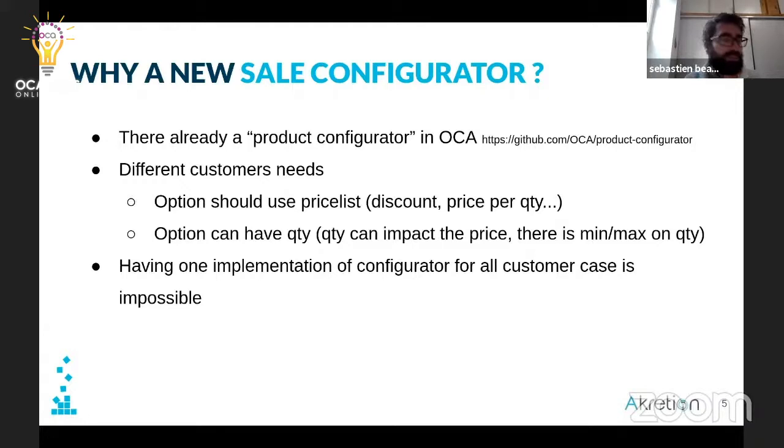Product configurator is a complex world, and depending on the customer, you don't have the same need. I think it's quite impossible to have a perfect configurator that matches all customer cases.